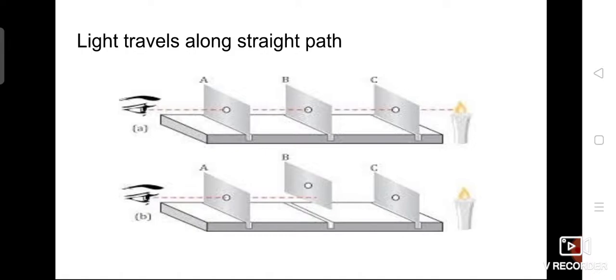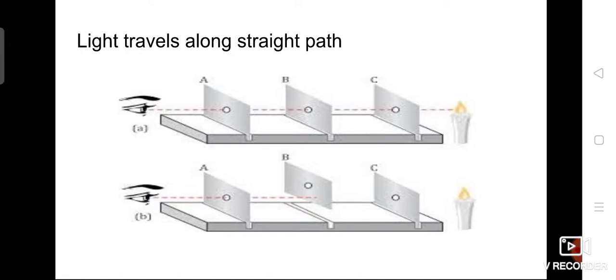Now you can use either a candle or a laser light, because laser light produces a thin, narrow, single beam of light, so it will be easily identified. You will see the light passing through the cards, and you can see it with your eyes because the holes are there.